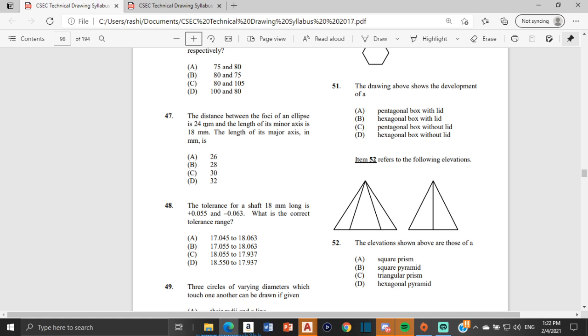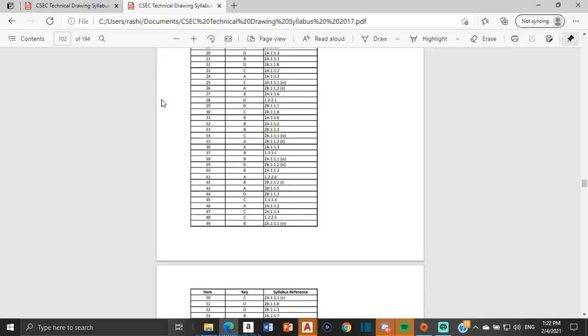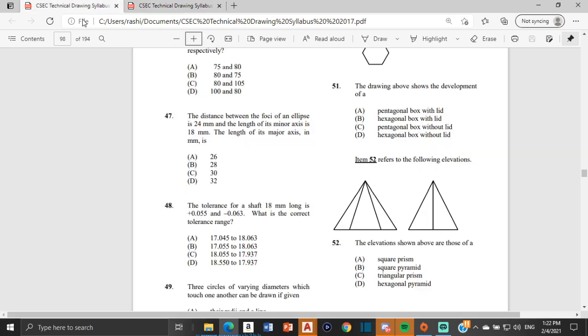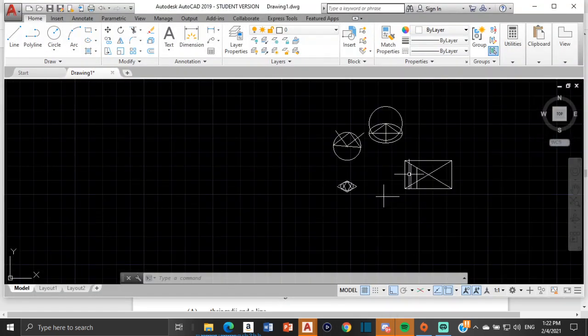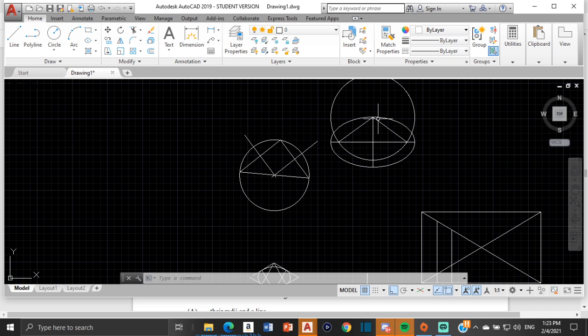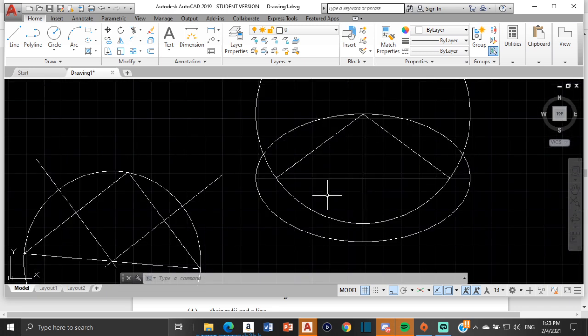The answer for that would be C, and it says 30. How we would go about getting that is similar to what we did here when we did the ellipse, with the major axis and all of that.